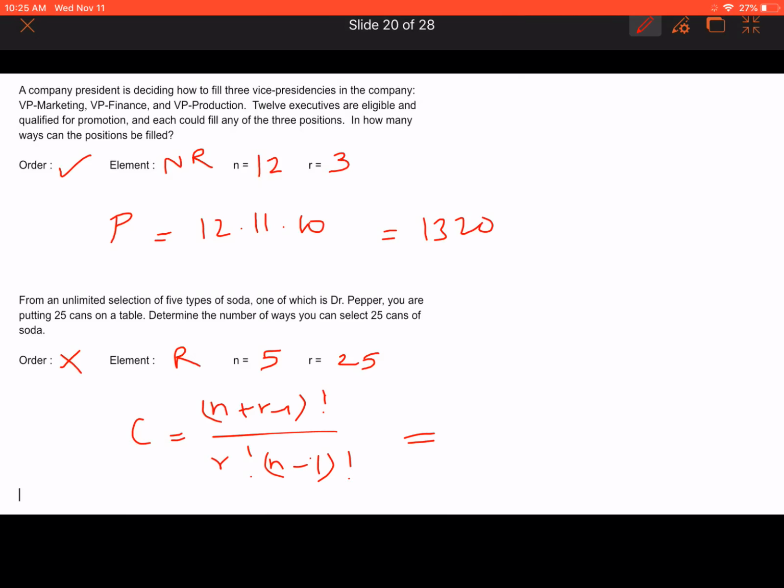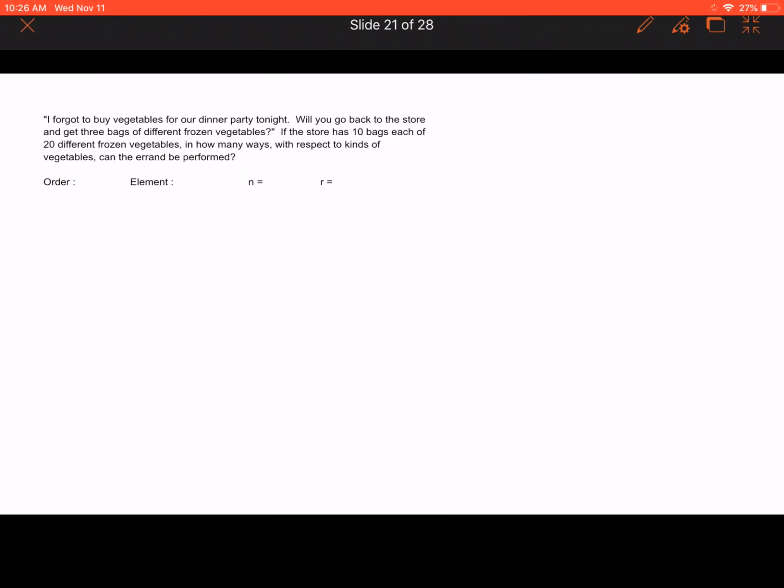By substituting the values, we are getting the answer as 237751. Okay, so by finding whether the order matters and the repetitive nature, we will be able to find the correct combination. That is what I'm trying to make you understand with all these examples.